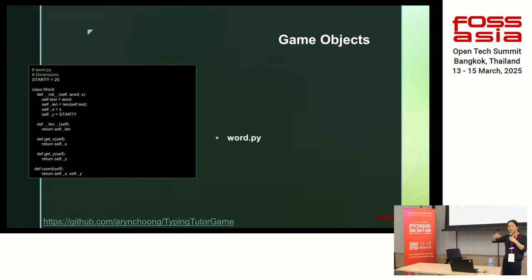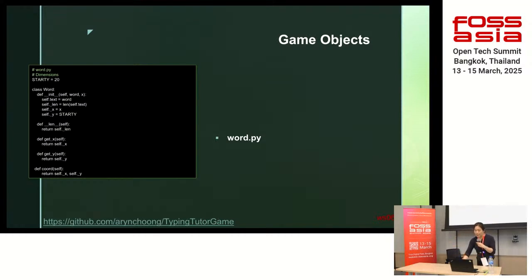We just give them the limit of the randomization from the x-axis and the y-axis. Y-axis is, of course, always going to be the top, basically about 20 from the top. And then the x is basically the length of the screen, right? Minus the length of the word. To prepare for that.